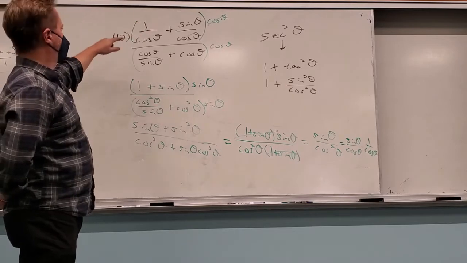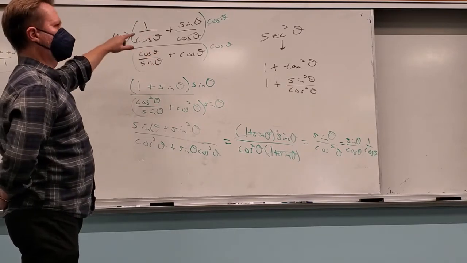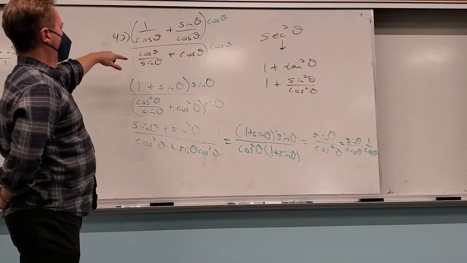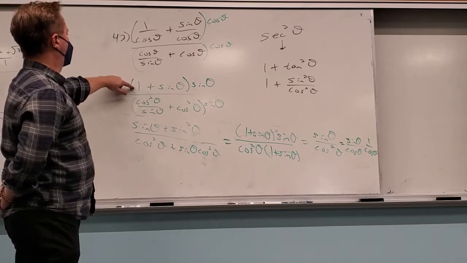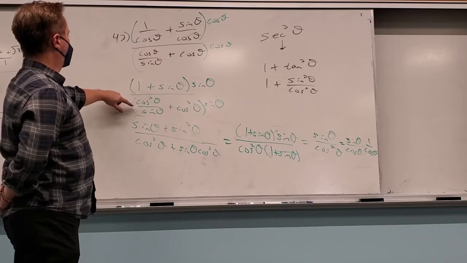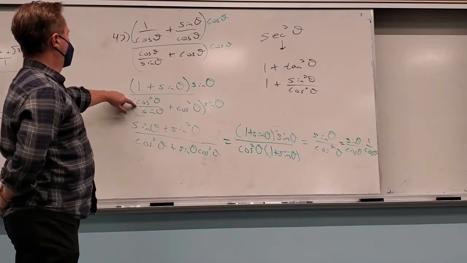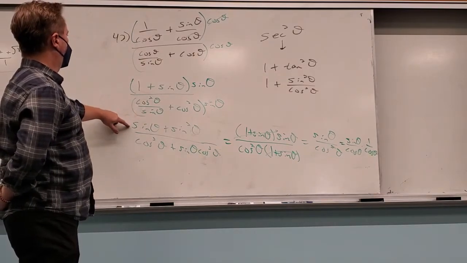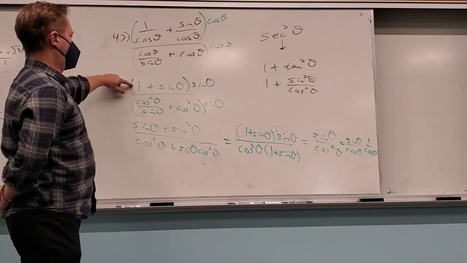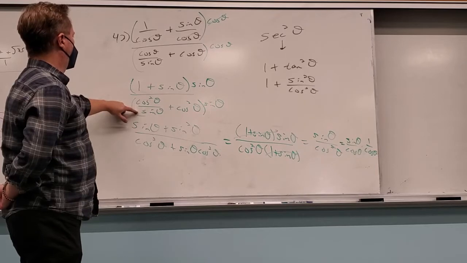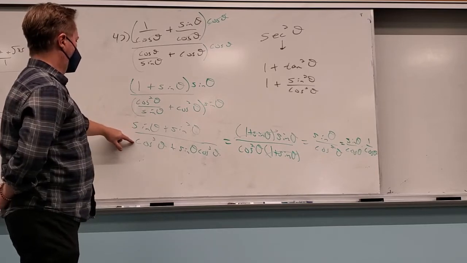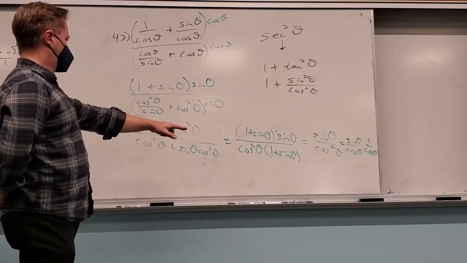Cosine plus sine, cosine over sine plus cosine. I like it. Multiply by cosine to get rid of that stuff. Cosine multiplied by cosine. Okay, I like it. And then sine theta. Multiply by sine. Let's get here. Cosine squared out.